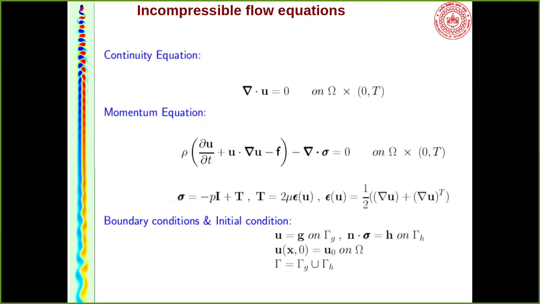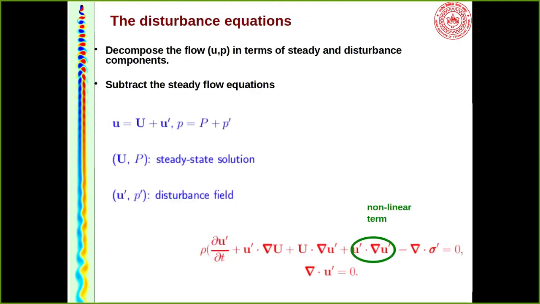So divergence of capital U is zero because it's a steady state solution. Similarly, capital U dot gradient of capital U minus F, divergence of capital sigma is zero. So I put this in the equation, subtracted the steady state, and then I get an equation just for the disturbance.